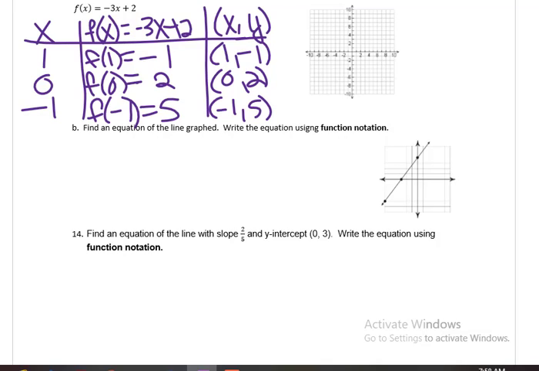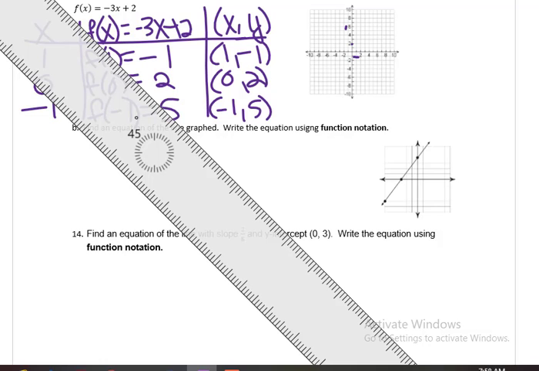Now, plotting these 3 points, we get 1, negative 1 is right there, real small. 0, 2, right there. And, oh, let me start over there. I did that one wrong. So 1, negative 1 right here. There we go. And 0, 2, and negative 1, 5.